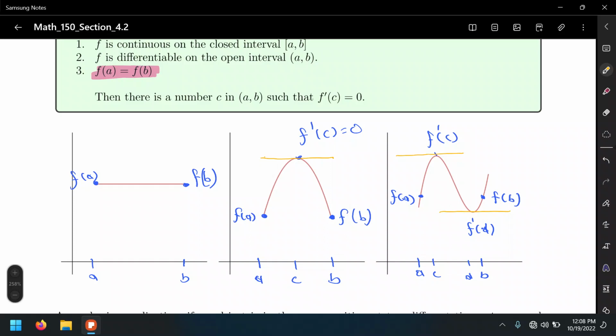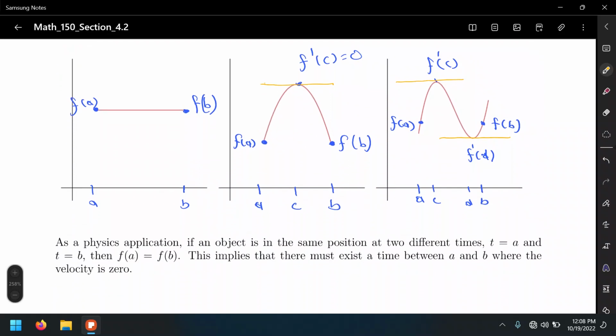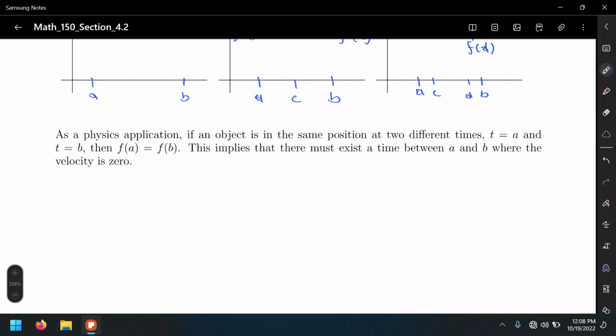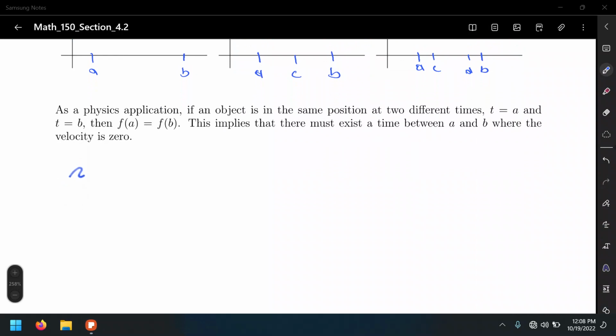You can think of this as a physics application, for example, when you throw up a rocket, or a rock, and it's going to do this, all right?